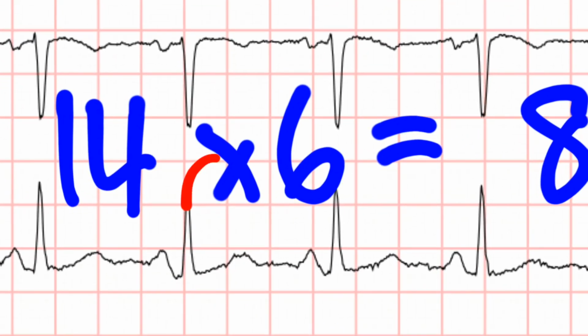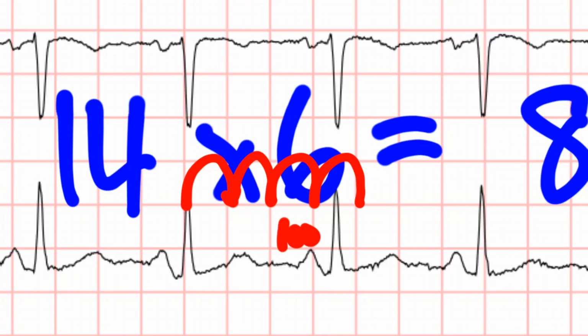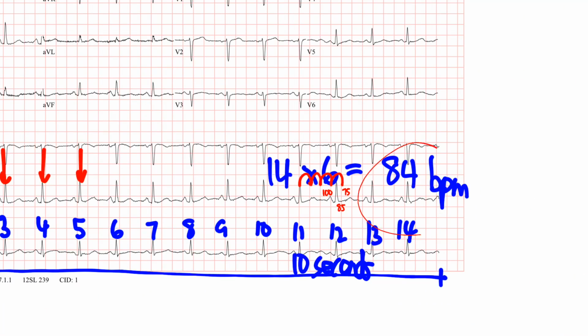So we go 300, 150, 100, 75. So we know that we are somewhere between 100 and 75, and maybe it's closer to the 75, so I might say it's 85, I'm guessing. And that's close to what we got over here, right? We said 84 and we came up with 85. So that's one way to determine the rate.